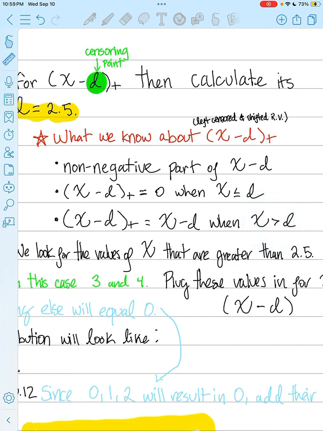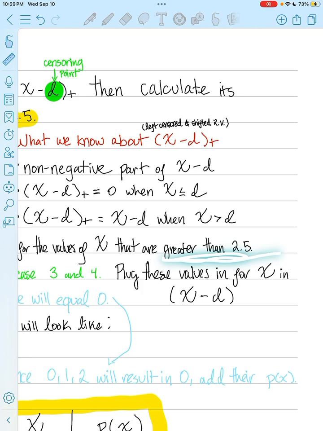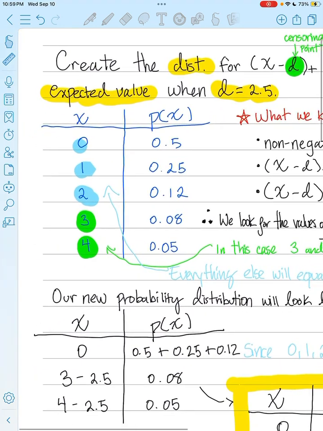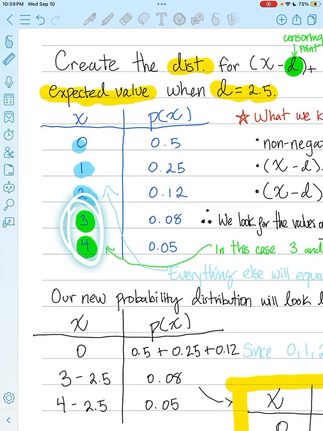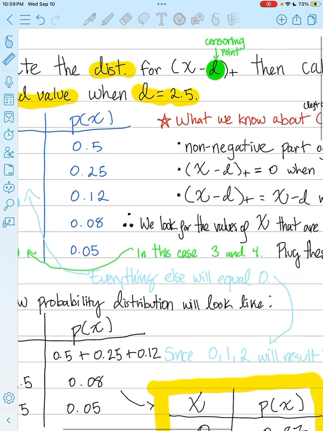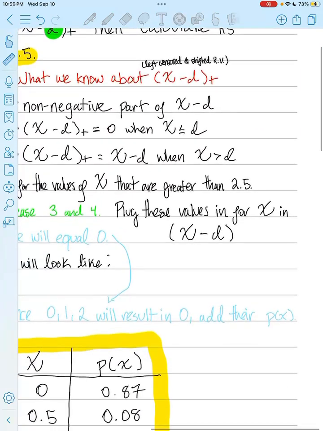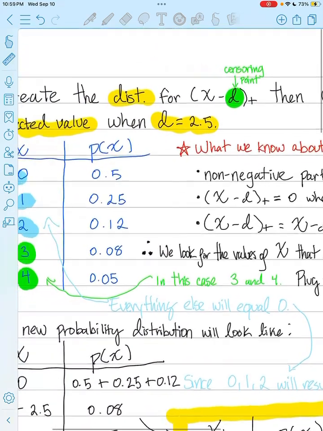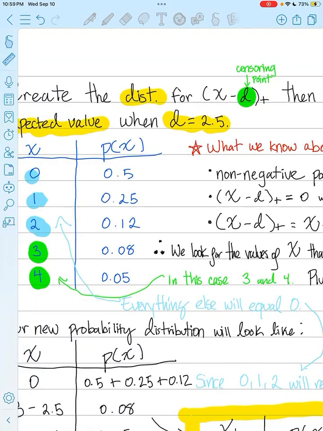So what do we do? We look for the values of x that are greater than 2.5, which in this case would be the 3 and the 4. And what do we do with this 3 and 4? Well, we plug these values in for x in x minus d. What do we do with the other values, 0, 1, and 2?